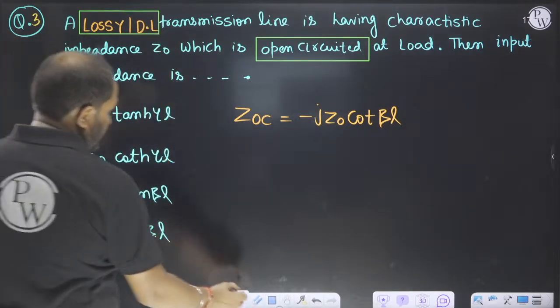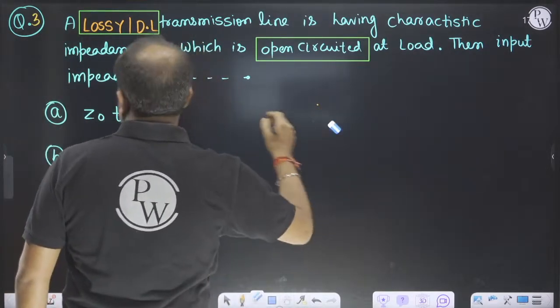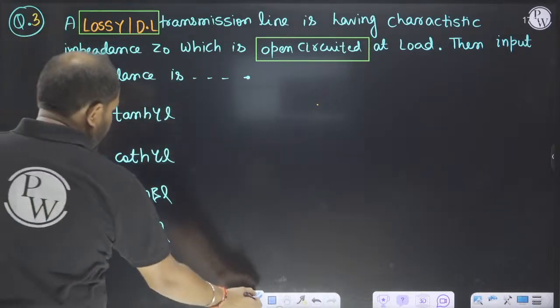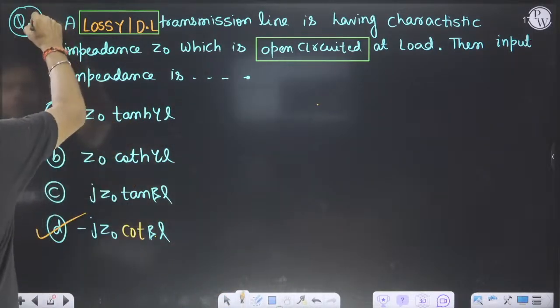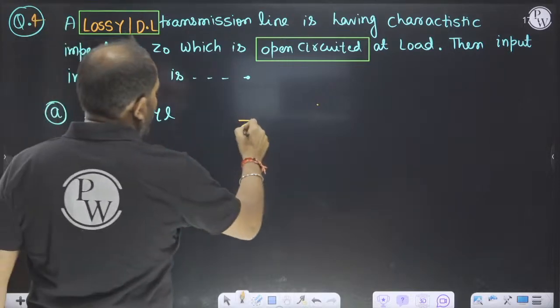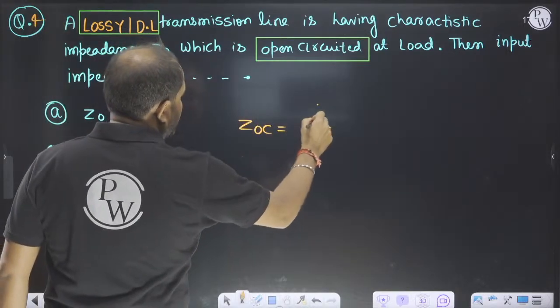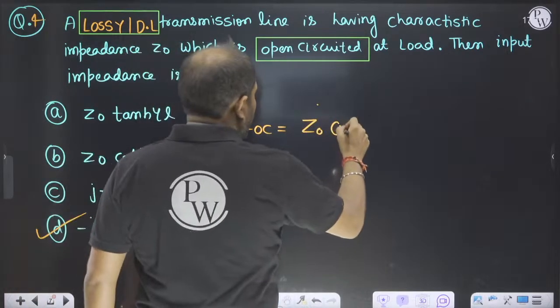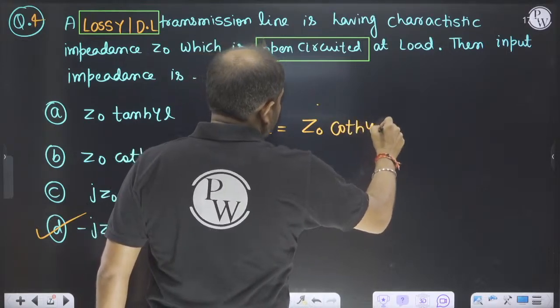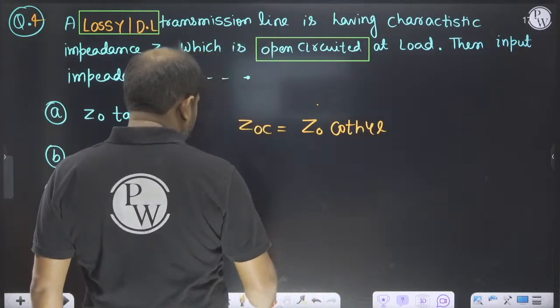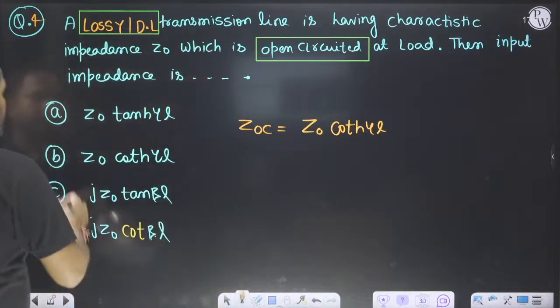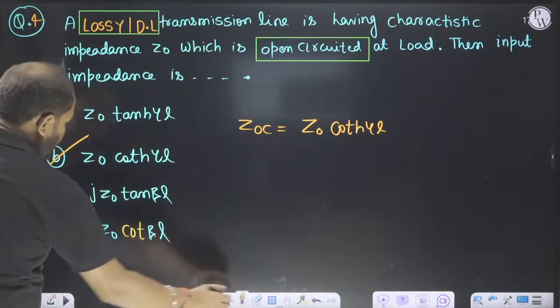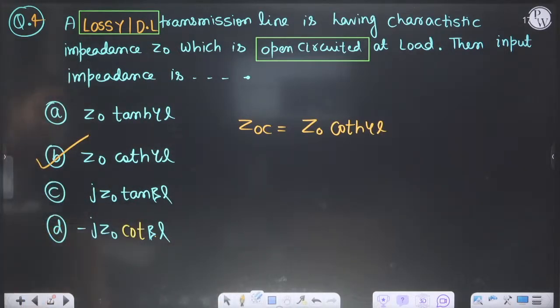What will it be? For lossy open circuit it will be Z0 coth(gamma L). So our answer will be coth(gamma L), so our answer will be D.